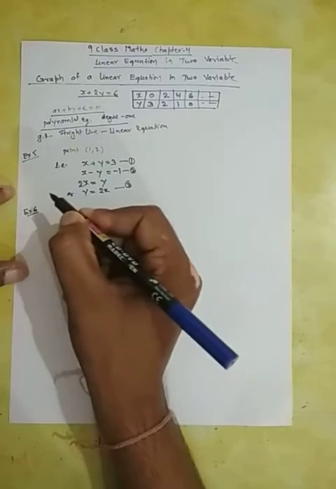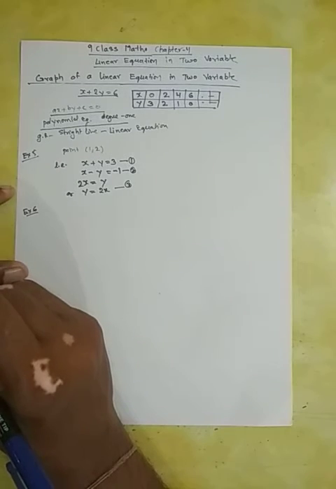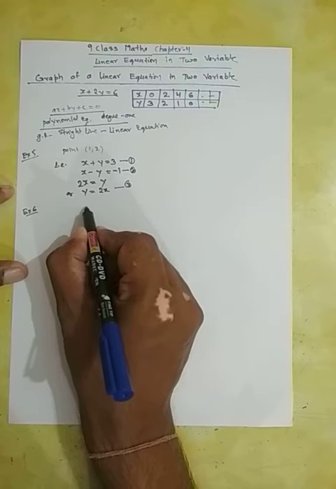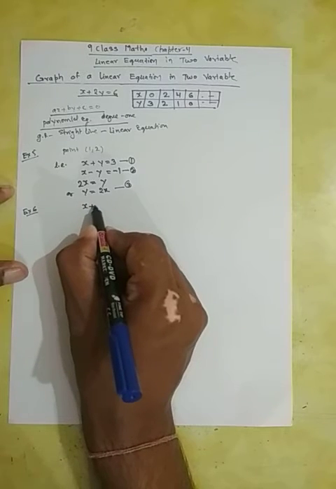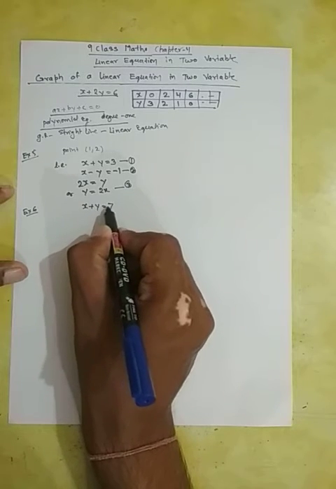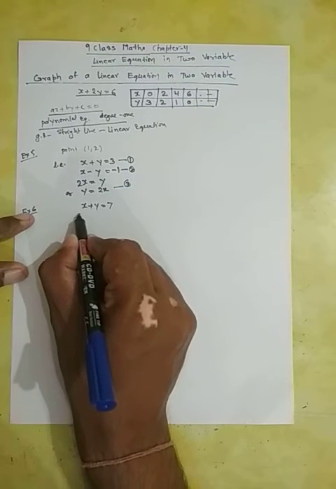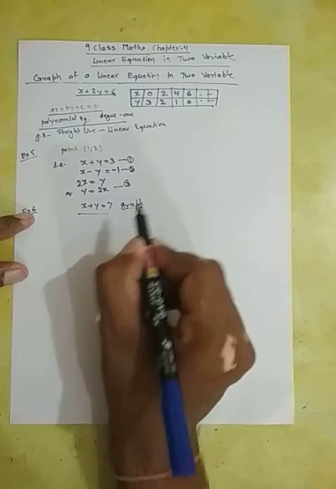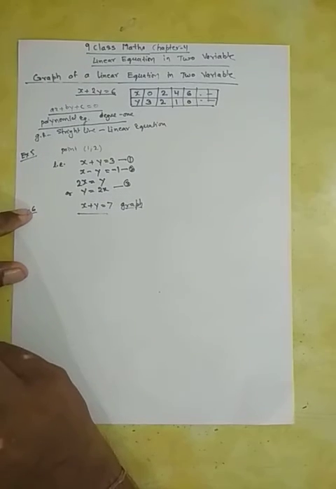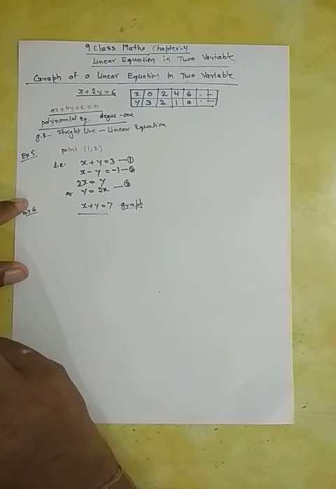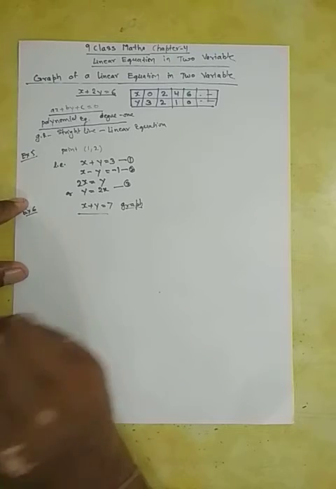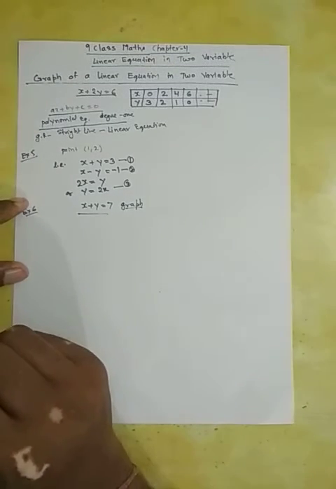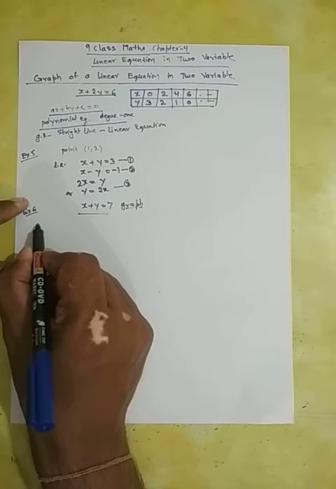Example 6 tells: draw the graph of x plus y equal to 7. x plus y equal to 7 का हमें क्या करना है? ग्राफ ड्रॉ करना है. For drawing the graph, first we find the solution of this equation. What is the solution of this equation?